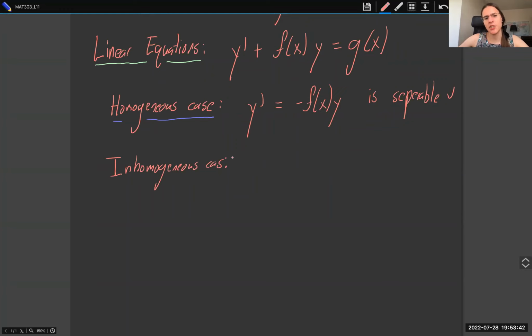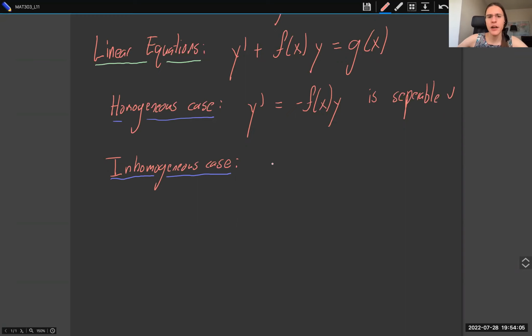Now for the inhomogeneous case, we actually did two different solutions for this, but I'm only going to review one of them. One of the solutions was to find an integrating factor. But I'm going to review variation of parameters instead, because we're going to review integrating factors later on anyway.